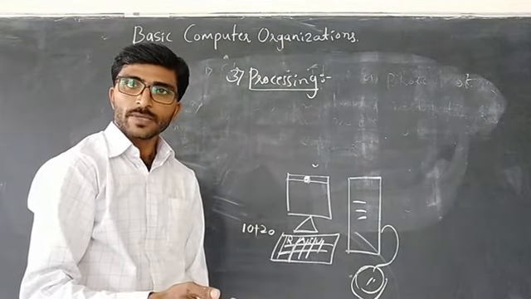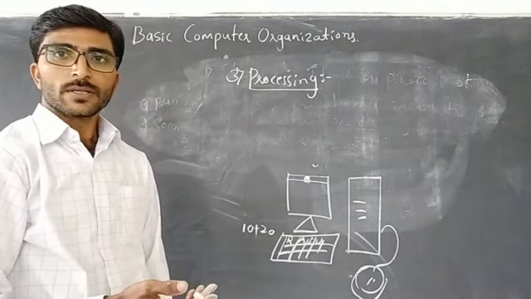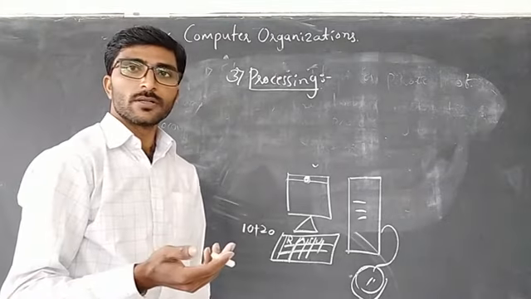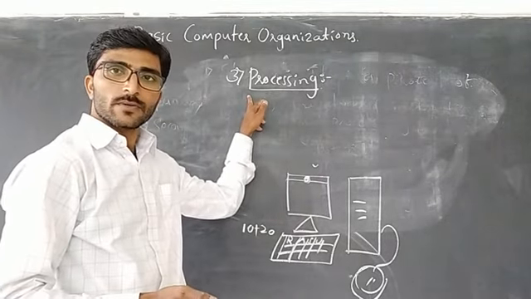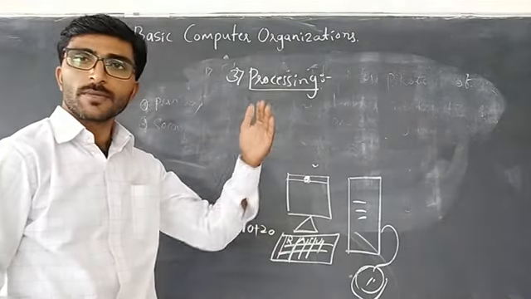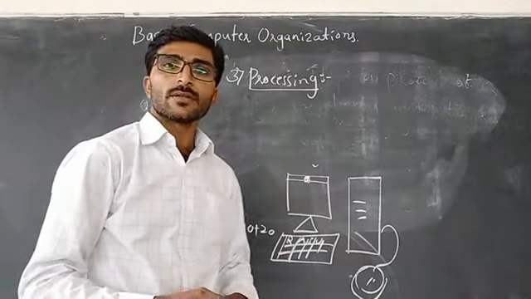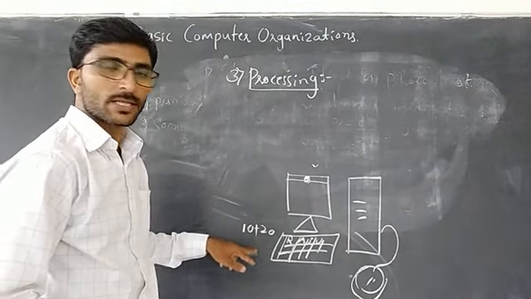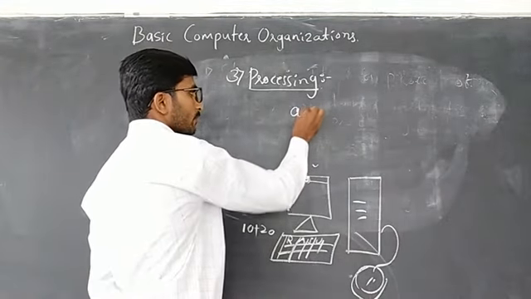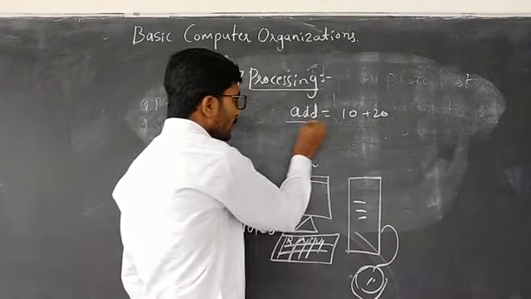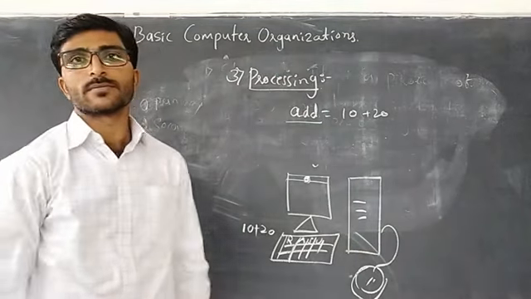After that, for addition, the processing accesses these two inputs from memory and processes them, like 10 plus 20, using the arithmetic operation.